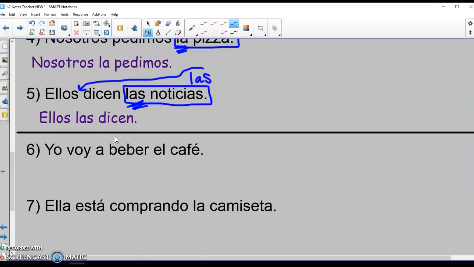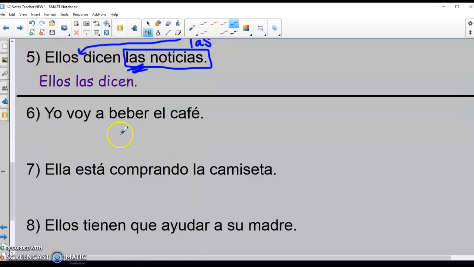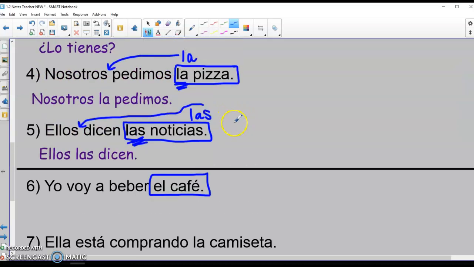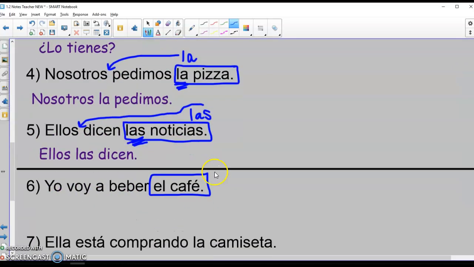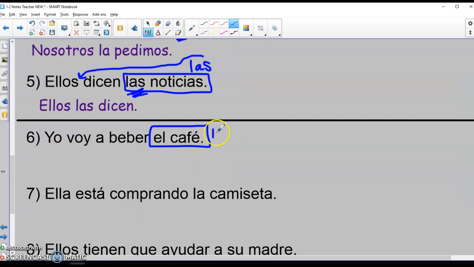Okay, let me just show you an example of when there's an infinitive verb. So number 6, you have I am going to drink the coffee. So we would want to change that to say I am going to drink it. So el café is the coffee. So based on the examples we just did of all these el nouns, I'm going to use lo because it's masculine and singular.